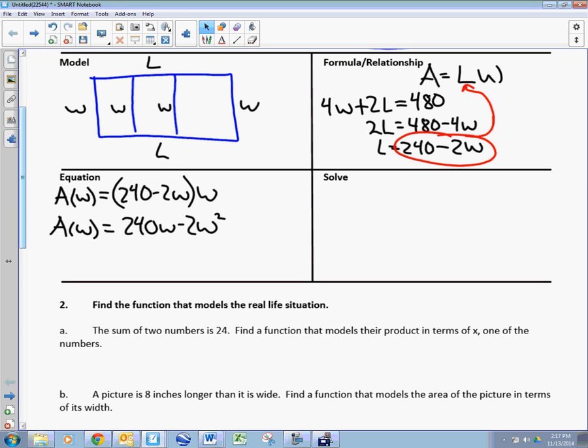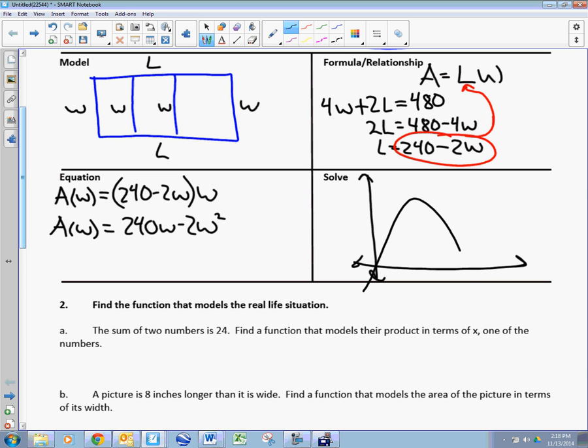Notice that the area can be calculated by not knowing what the length is, but simply given the width. We want to maximize the area. Here's where the aha moment needs to come in. What shape does that make? A parabola. Right side up or upside down? So will it have a max or a min? It has a max.